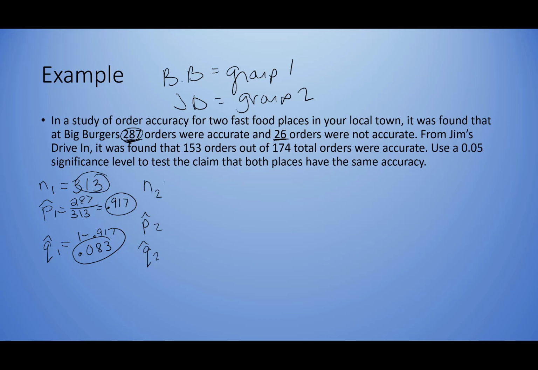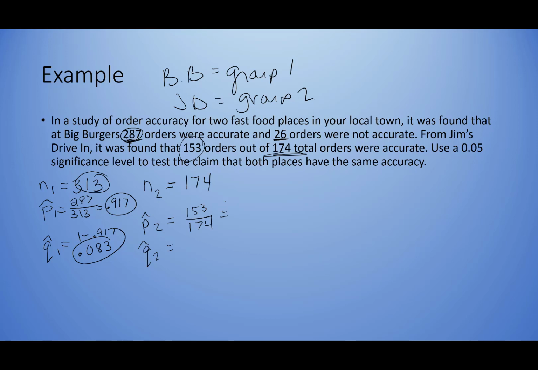Now I'm going to do the same thing for my group 2. When I go and look at Jim's Drive-In, we found that 153 orders out of 174 total orders were accurate. So here I was given the total orders, so my N2 is 174. P hat 2 represents my sample proportion for successes. Well, again, we're talking about accurate orders, so I have 153 that were accurate out of my 174.